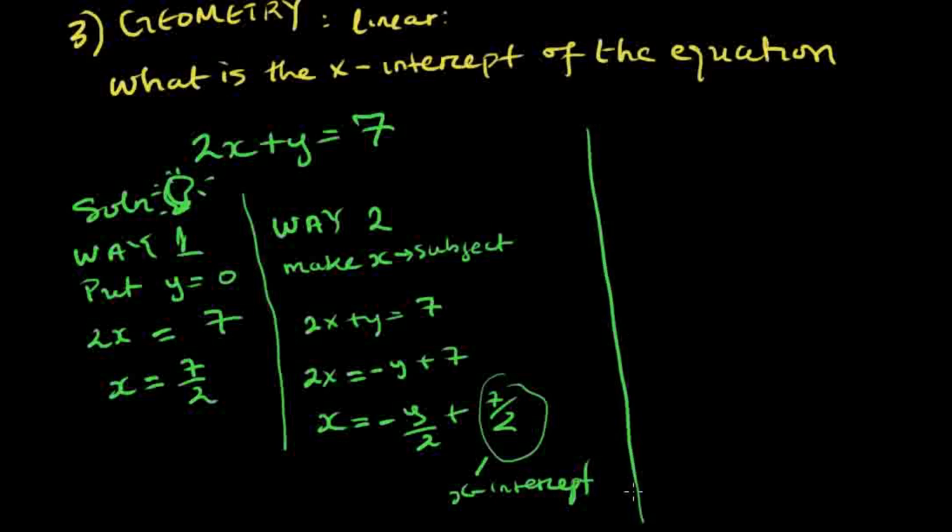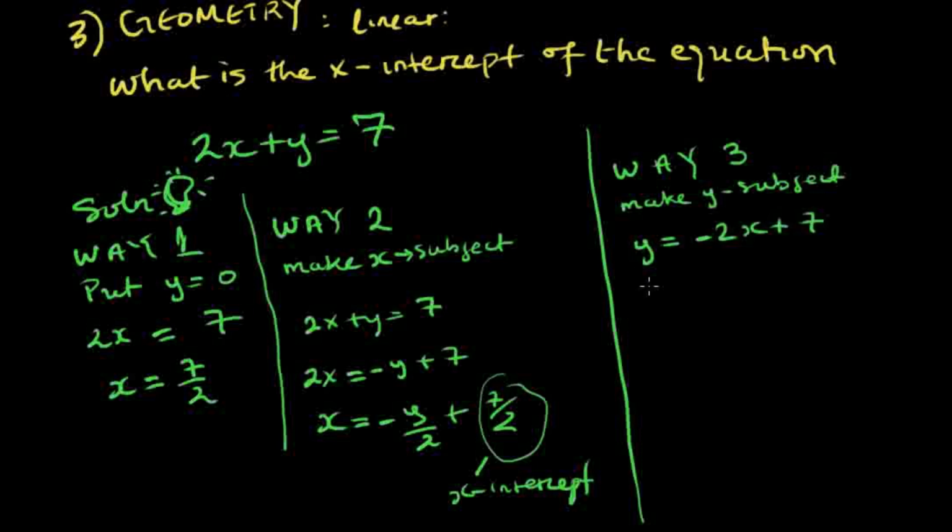So with 3, you can make y the subject of the formula. Now when you make y the subject, you have y is equal to negative 2x plus 7. So factorize the right hand side. Factor it out by the coefficient of x. So y becomes negative 2 into (x minus 7 over 2).